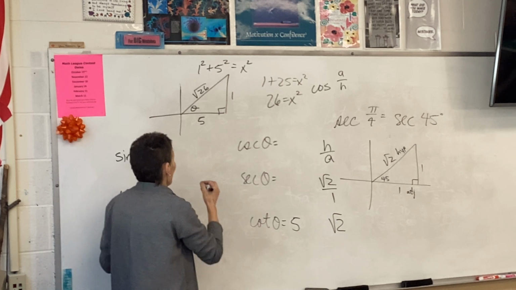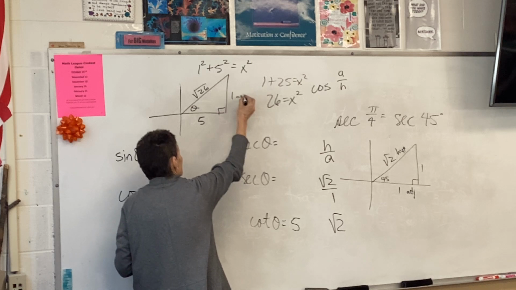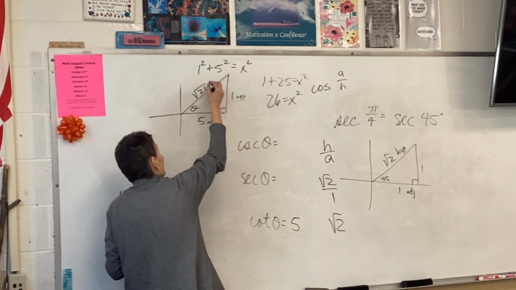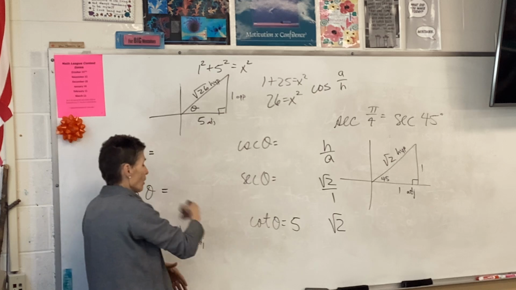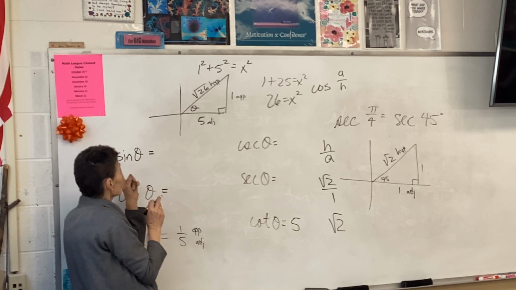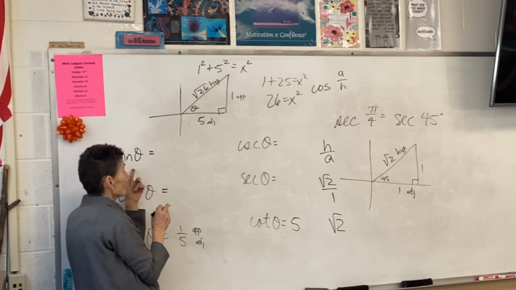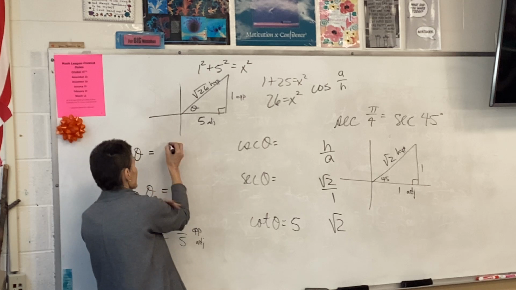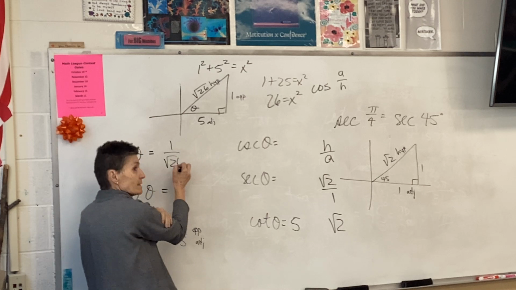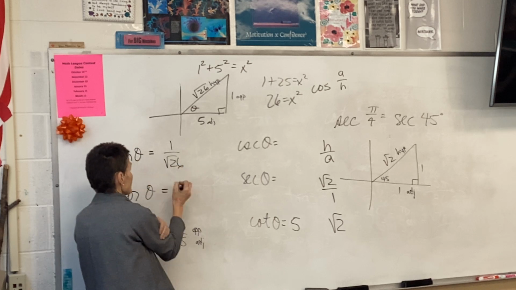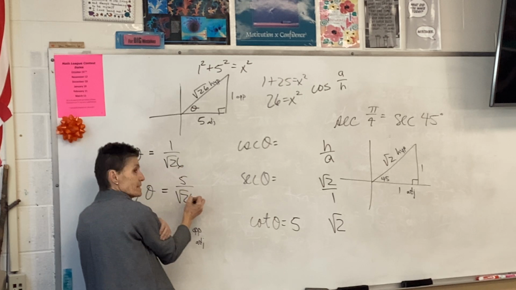And now, since we have opposite, adjacent, and hypotenuse, we can fill in all the blanks. So what's the sine? It starts out as 1 over root 26, and the cosine starts out as 5 over root 26.